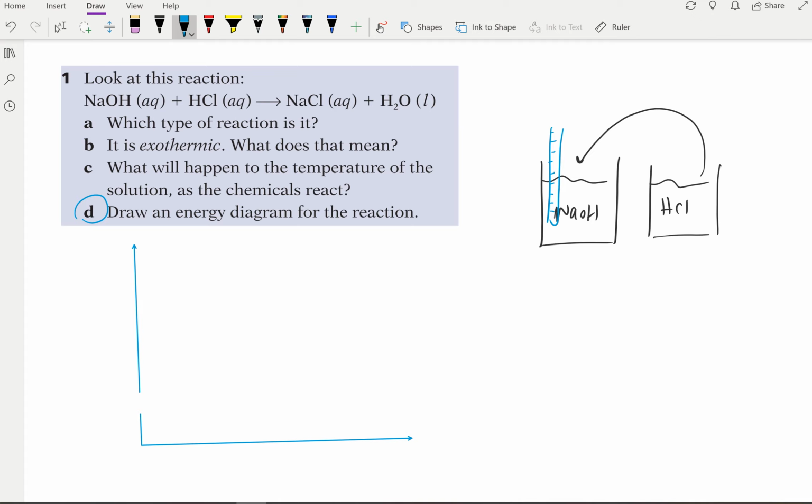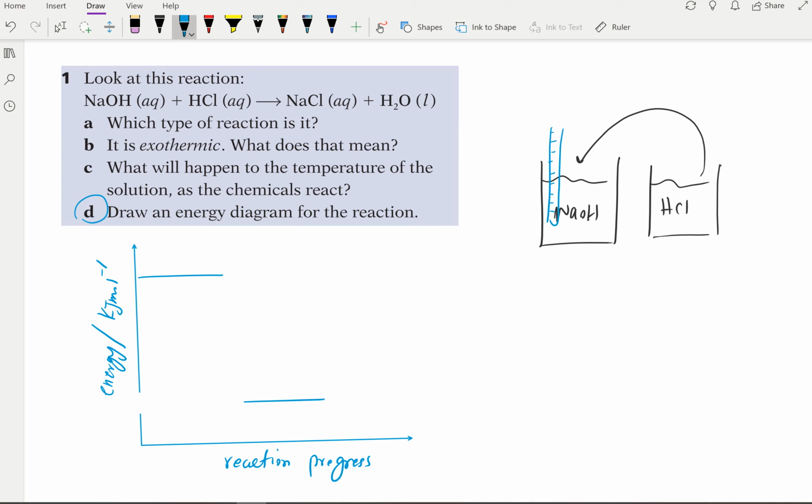In the energy diagram, we have two axes. The y-axis is the energy and the unit is kilojoule or kilojoule per mole, and the x-axis is time or reaction progress. This is an exothermic reaction, so the energy level of the reactants is more than the energy level of the products.